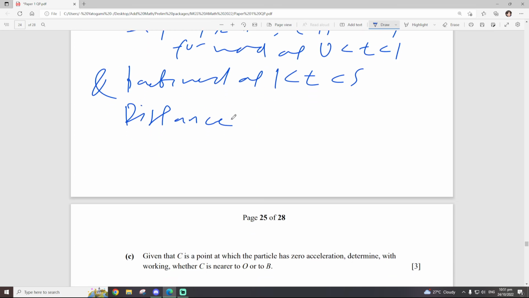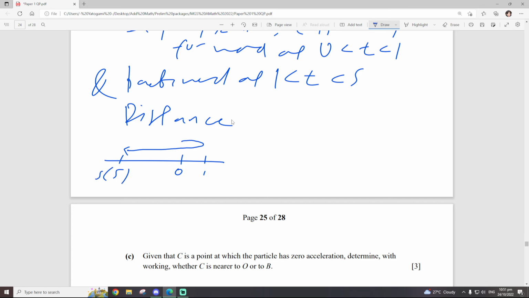Okay, so for the distance, if you need to make a visualization, you can draw the line. So you will see that this is 0, this is 1, and this is 5. What's going to happen is it's going to come here and then come back here. So you need to add the displacement from 0 to 1 twice, and then subtract the displacement from the origin to 5.